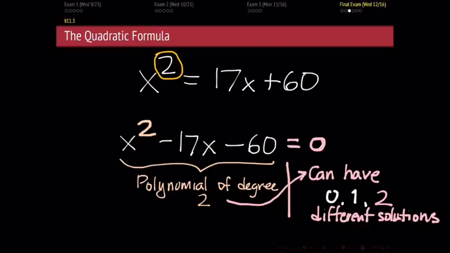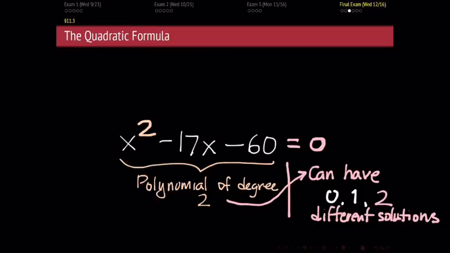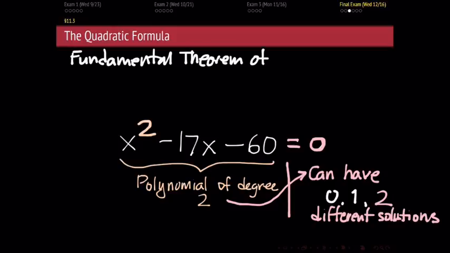But here's what the degree tells us. And this is a fact that is so important that we call it the fundamental theorem of algebra. Does anyone know what the statement of the fundamental theorem of algebra tells us? Anytime a mathematician calls a theorem fundamental, it's pretty important.